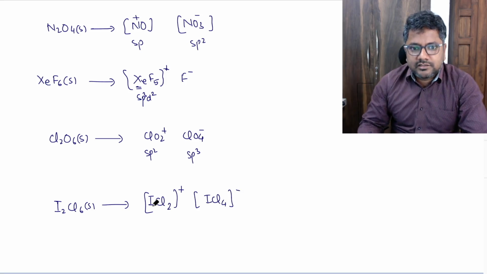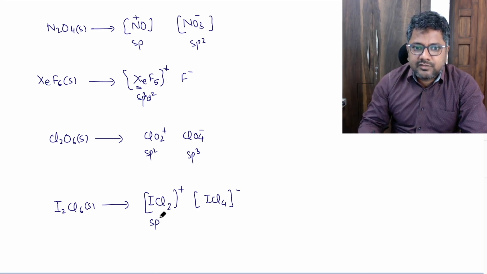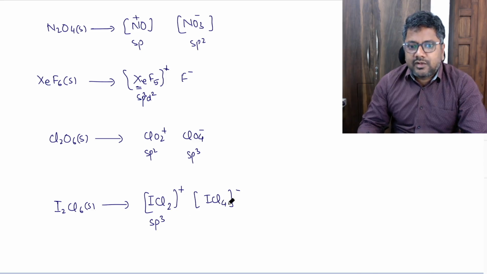So 7 and 2, 9 and 10, so this is sp3, and 7, 4, 11, 12, this is sp3d2, right?